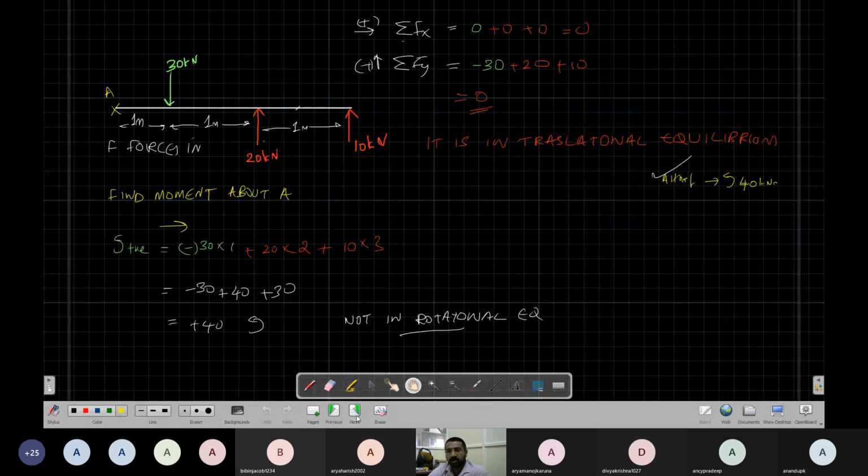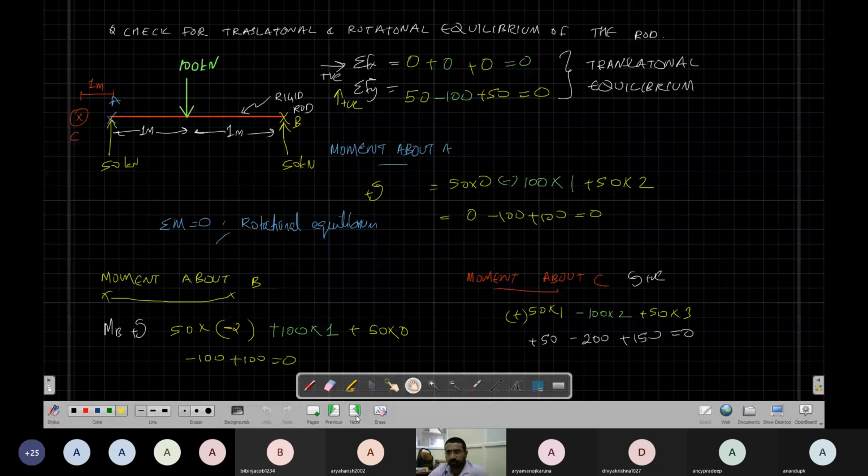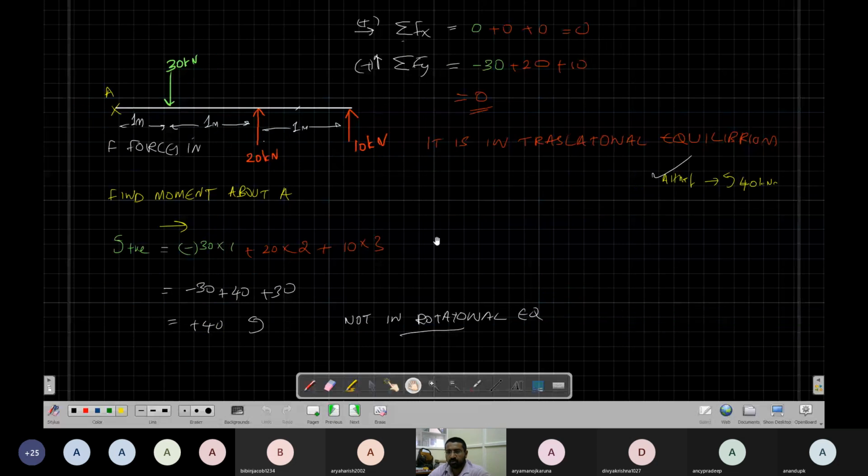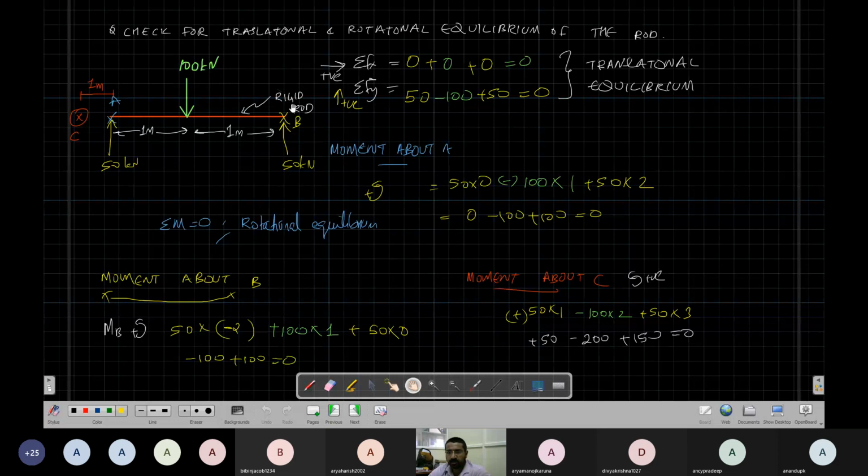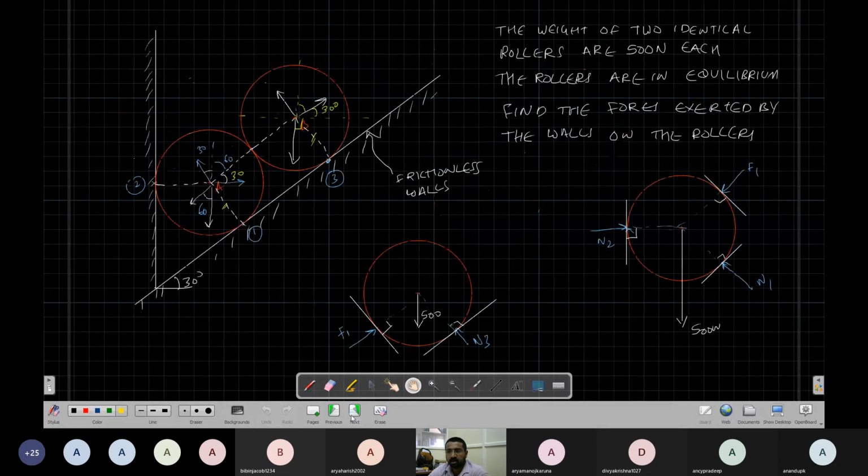Translation. Okay. Then we started doing a problem, where we had to check for translation and rotational equilibrium. The translation equilibrium is checked, rotational equilibrium is checked.